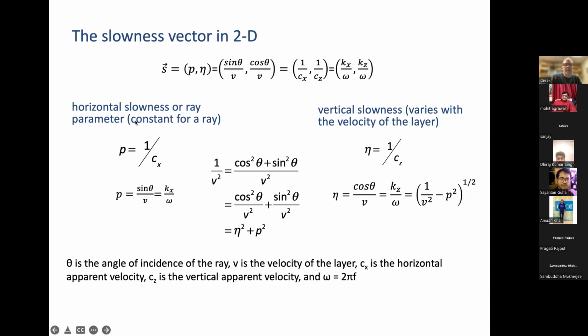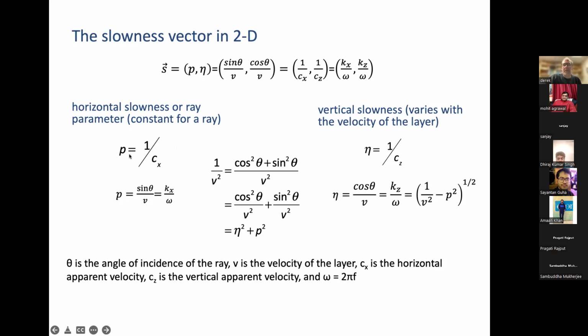So the horizontal slowness, or ray parameter, is 1 over the horizontal apparent velocity, which equals sine theta over v, which also equals k sub x over omega. The ray parameter is constant for a given ray.